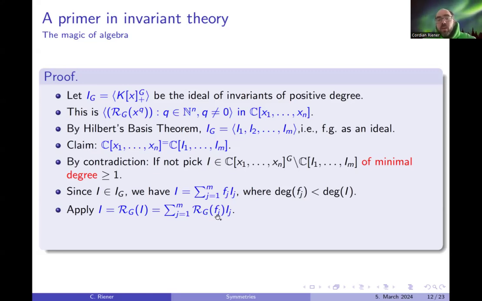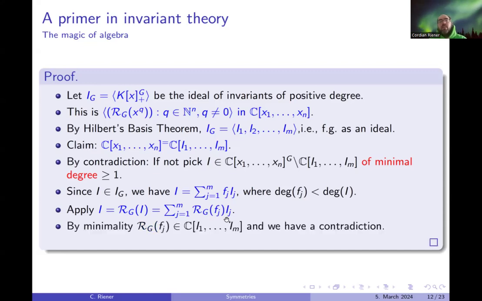Now remember, take a look at this expression that we have here. The Ij are already invariant polynomials, and also the Reynolds operator applied to fj is an invariant polynomial.